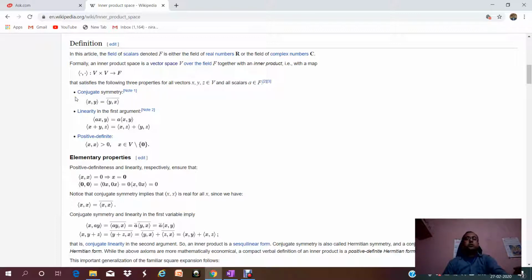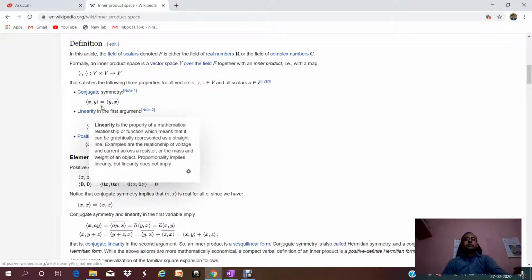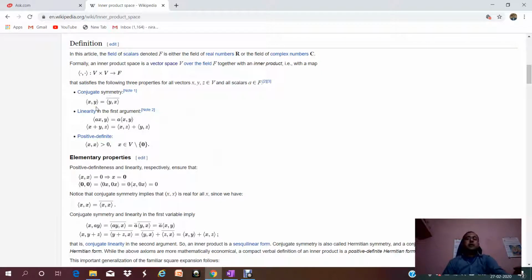First, conjugate symmetry: the conjugate of the inner product must be symmetric. That means if <x,y> is the inner product, then its conjugate is <y,x>, and the bar shows that they must be equal.